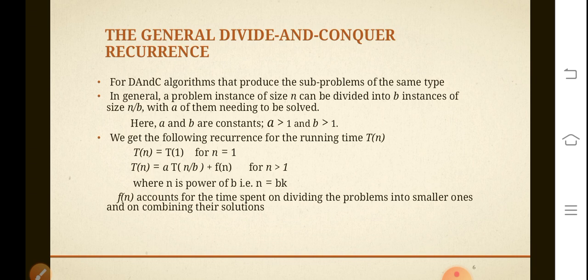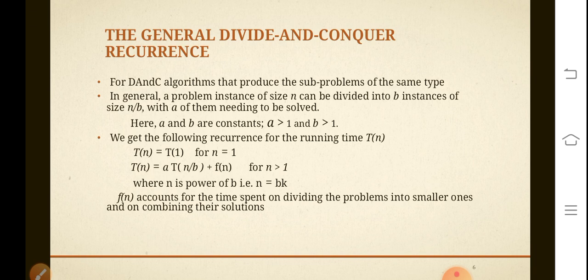Then the general divide and conquer recurrence. For D and C algorithms that produce problems of the same type, in general, a problem instance of size n can be divided into b instances of size n by b, with a of them needing to be solved. Here a and b are constants, a greater than or equal to 1 and b greater than 1.